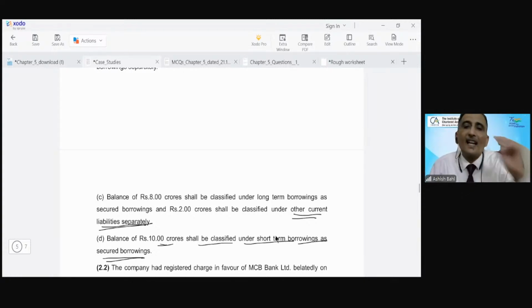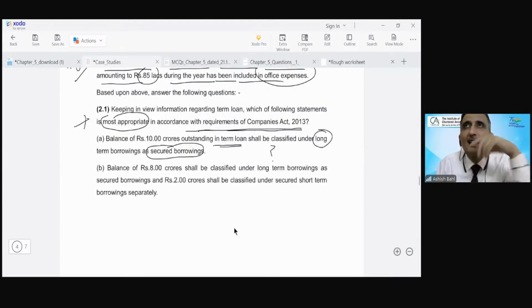So first of all, tell me whether term loan is a long term borrowing or short term borrowing. Yes, long-term borrowing.